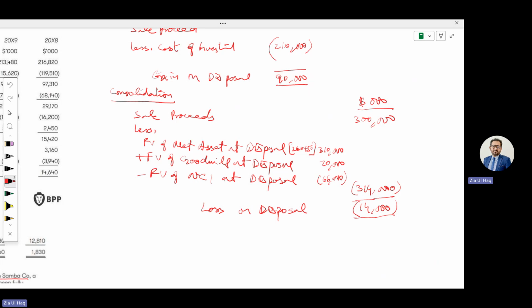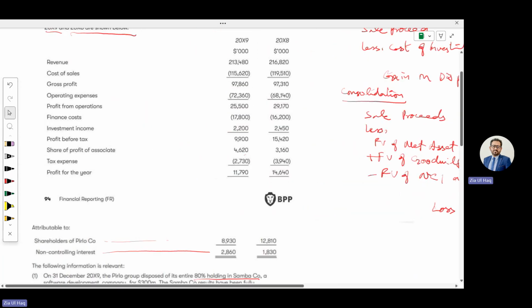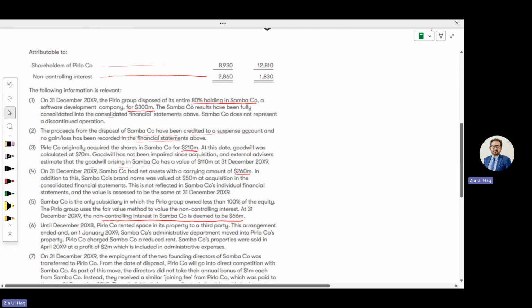Can you understand this? Loss on disposal of 14,000. So part A we have completed. And we have done with these 5 notes.